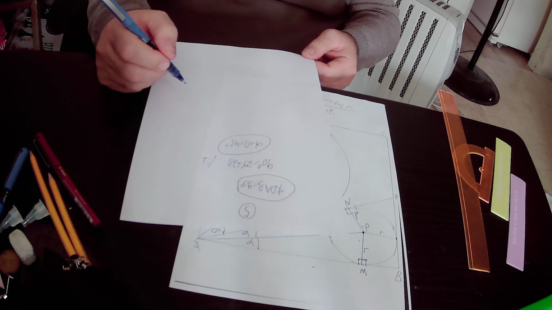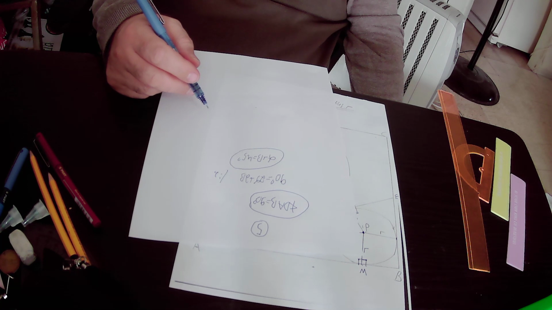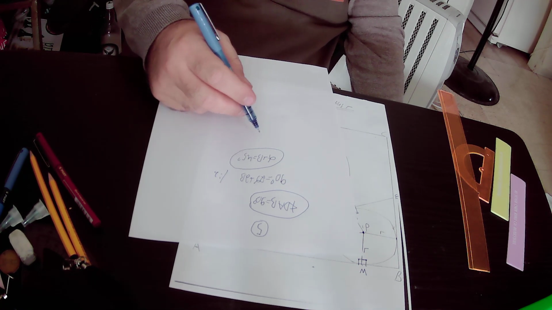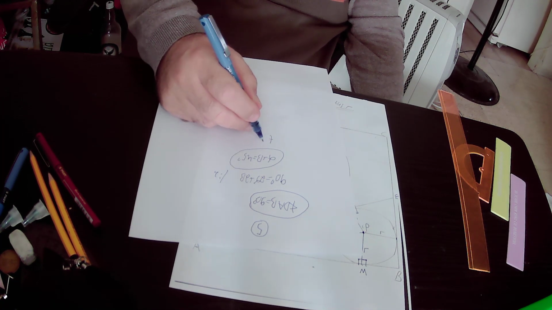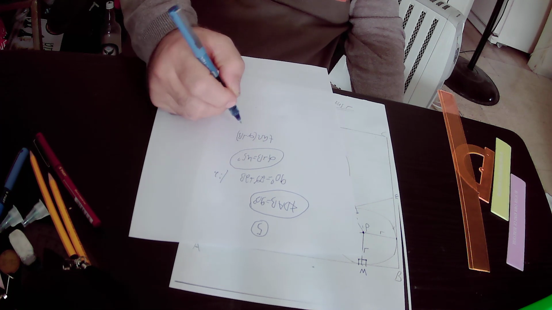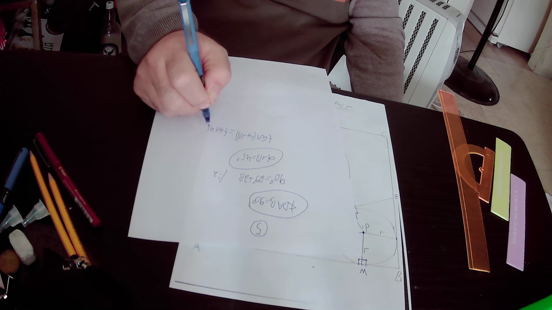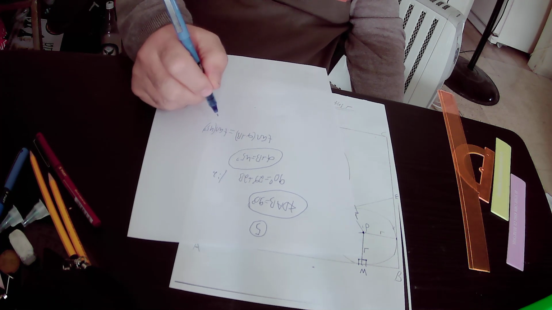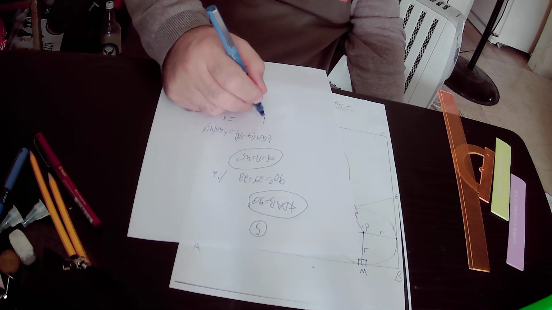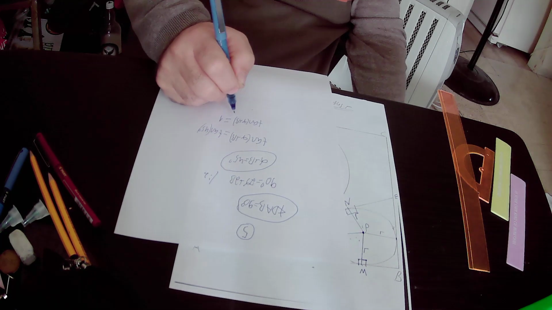But if alpha plus beta equals 45 degrees, then tangent alpha plus beta will be equal to tangent 45 degrees. Very simple. And we know that tangent 45 degrees equals 1. So we got that tangent of alpha plus beta equals 1.